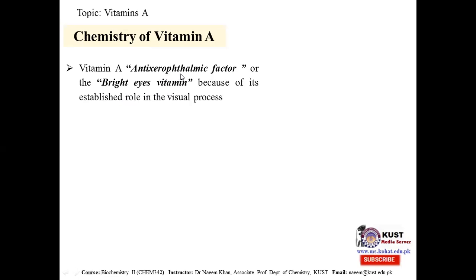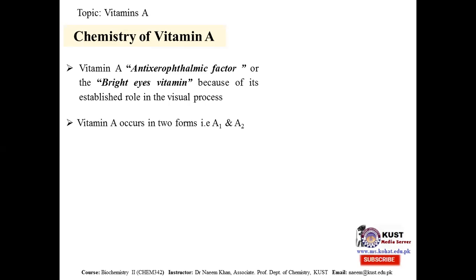So vitamin A is called the bright eyes vitamin because it has a very established role in eye vision, and also a very important role in skin maintenance. So it is also called anti-xerophthalmic factor.